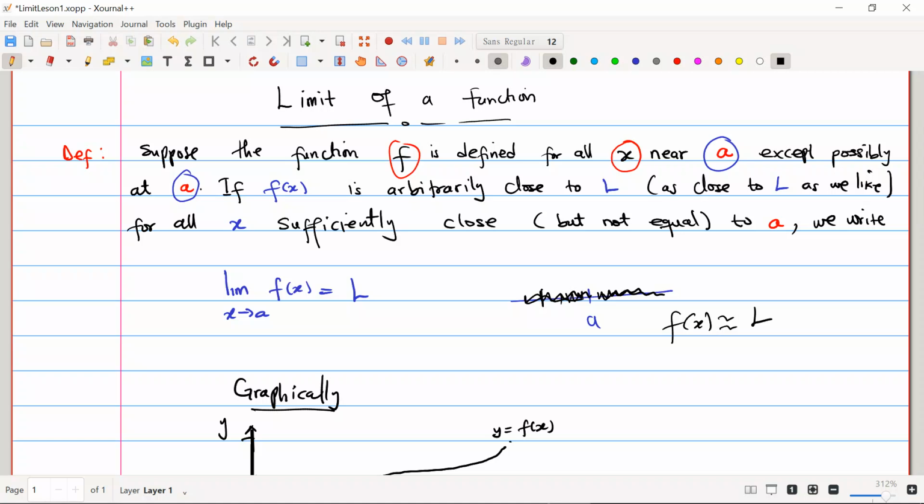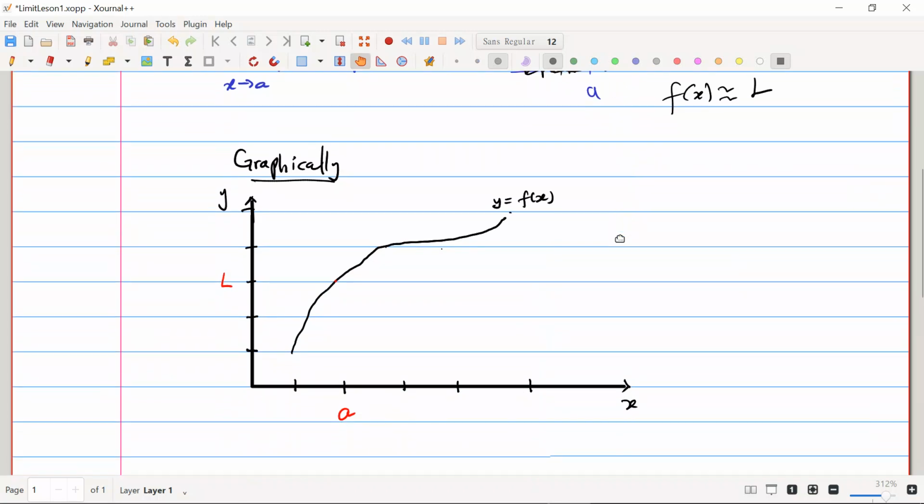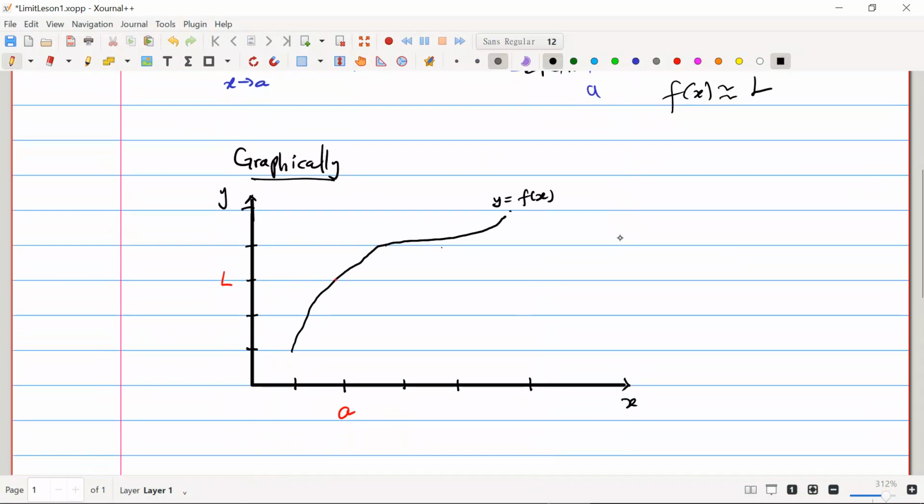In this lesson, I'm going to use the graphical point of view to explain more. Suppose I have this graph of a function, and there's this point a here, and I have values that are close to a from both the right side and the left side. Let me look at the left side of a.